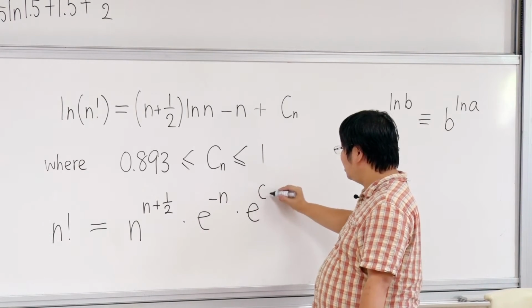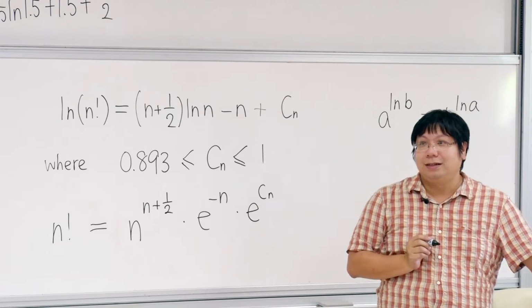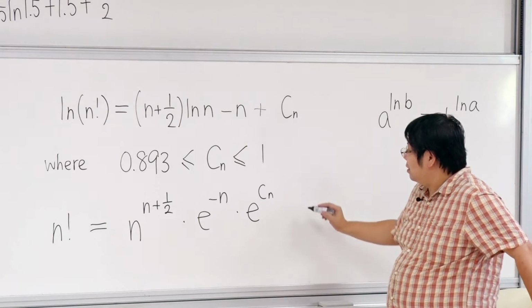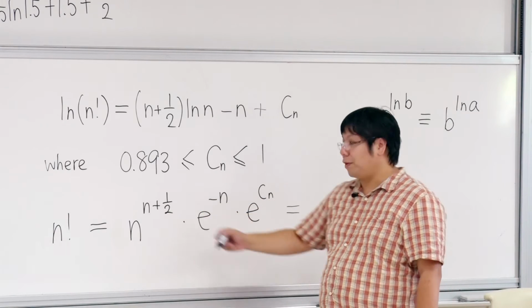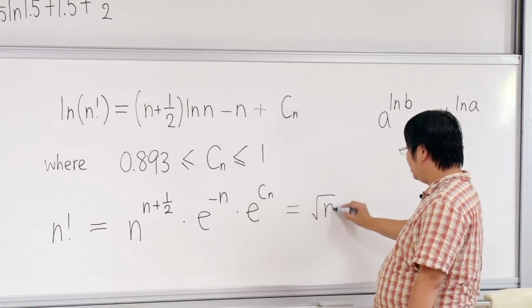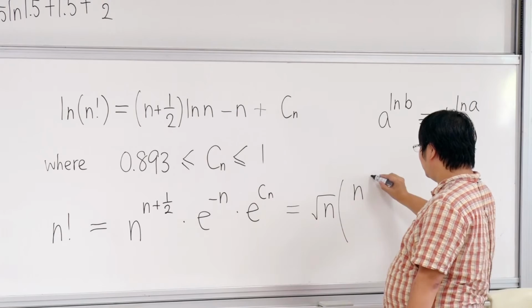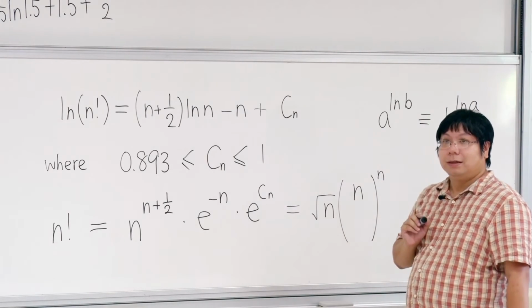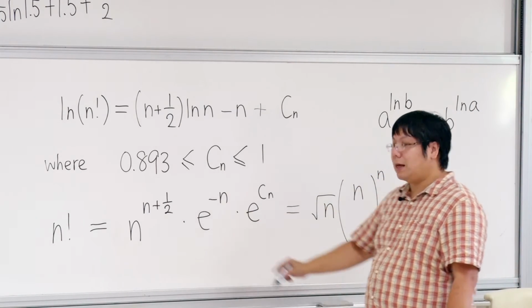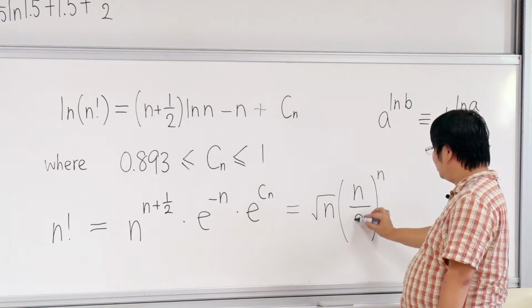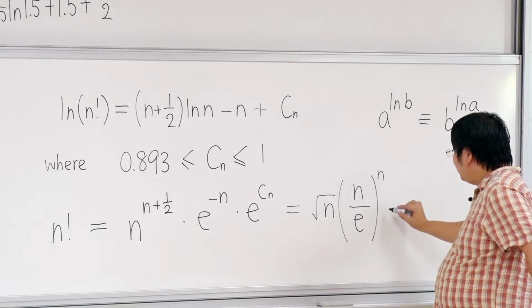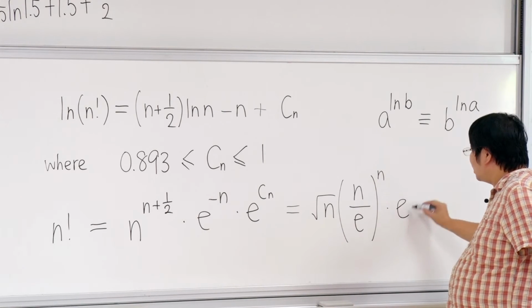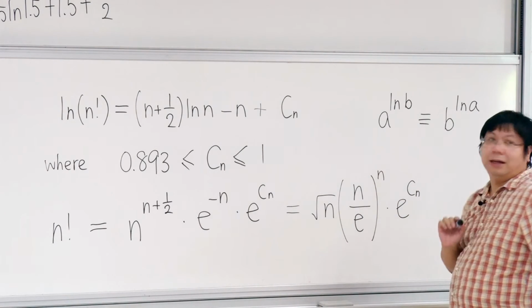So this is going to be n to the power n times square root of n. Then e to the power minus n is just equal to 1 over e to the power n. And then what is remaining? We get a term e to the power cn here.